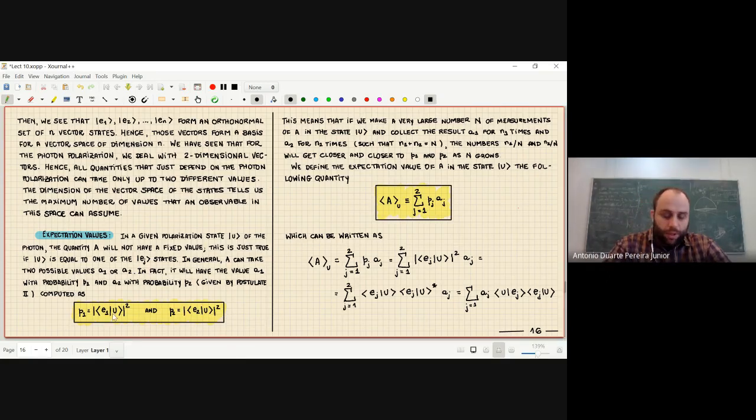So what is the interpretation of this? Assume that you prepare your system, okay? And this system is prepared in the state U. And now I want to measure the quantity A, okay, using this setup.